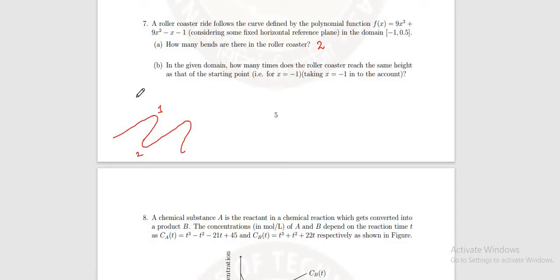Now question number B says, in the given domain, how many times does the roller coaster reach the same height as that of the starting point, that is x = -1, taking x = -1 into account. Okay, we have to take that into account also. One thing you have seen is that it says considering some fixed horizontal reference plane.